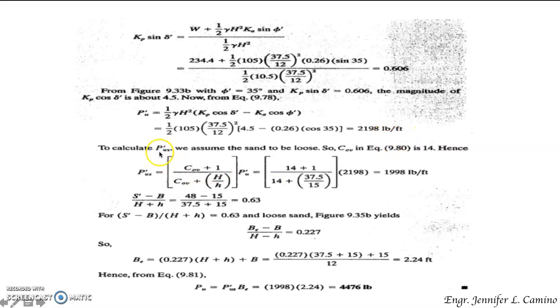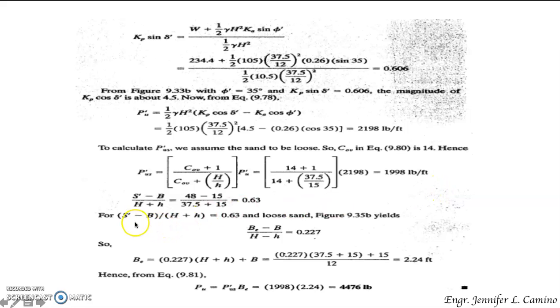Your P sub U S prime, we assume that the sand to be loose. So we have this equation. Our C sub OP is equal to 14. Substituting that to this equation, we have the value for small letter h, that gives us 1,998 pounds per feet.